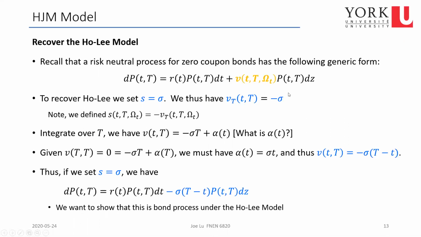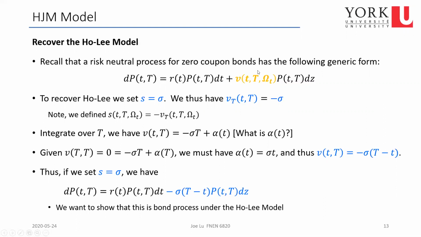So suppose you take S being a constant, okay? So we see that if S is sigma, then dV/dT is minus sigma, because this volatility here is the volatility of the bond process. And there's a negative correlation between the bond process volatility and the interest rate.